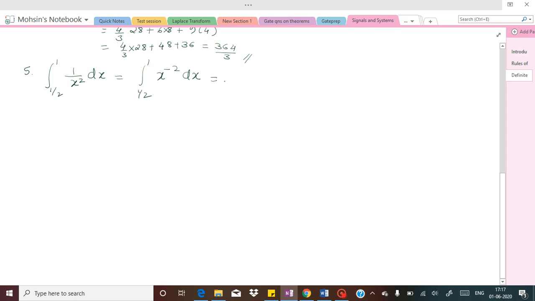Okay, so now it is like an x raised to n term, but n is here minus 2, so minus 2 plus 1 we have to do, divided by minus 2 plus 1, limits are 1 by 2 to 1.